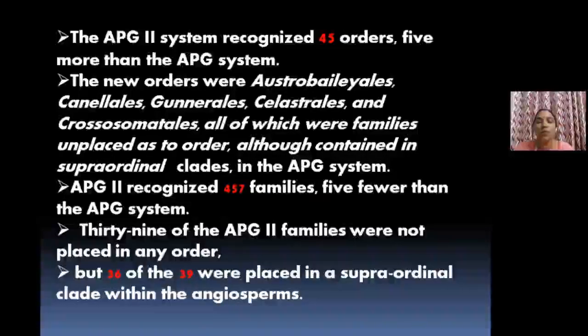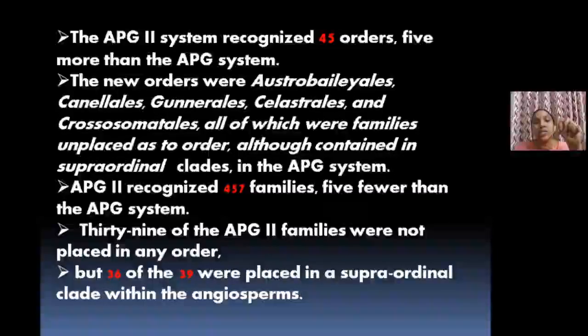The 39 of the APG2 families were not placed in any order. In the last APG1 also some of them were not placed in any order, so the same thing continued here. 39 families are not included anywhere. Understood? So 45 orders, 5 more than APG1, then 457 families, and here 39 of the APG2 families were not placed in any orders.